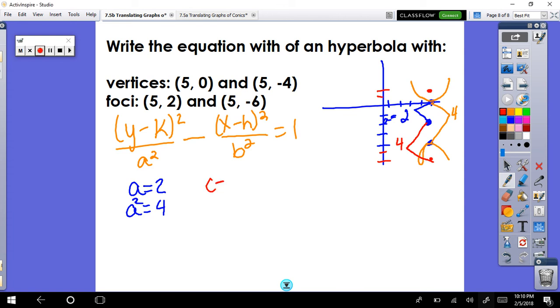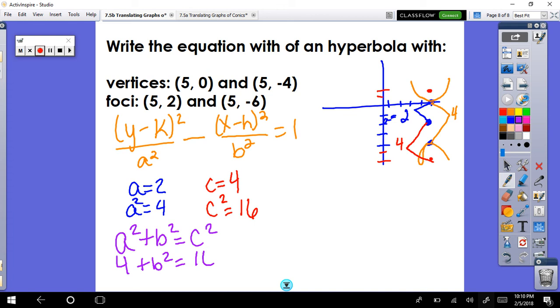So C equals 4, C squared will equal 16. So I can use that to find my B squared value. So it's a hyperbola with a minus, so it'll be A squared plus B squared equals C squared this time. So 4 plus B squared equals 16. So B squared equals 12.